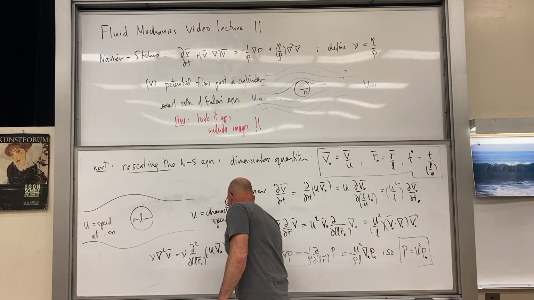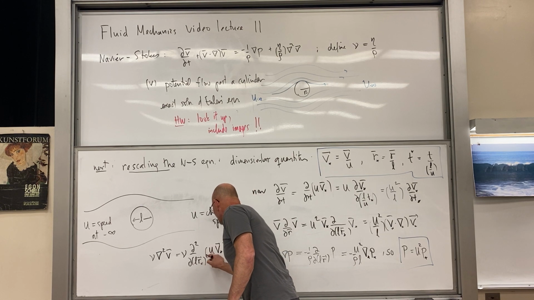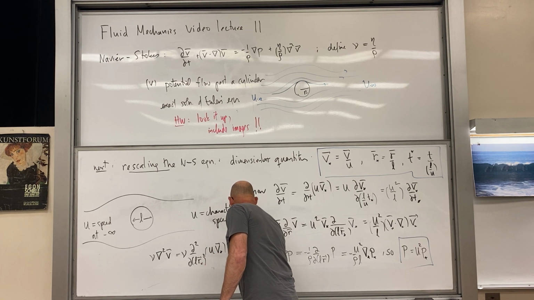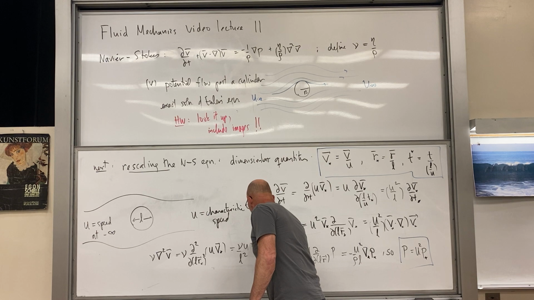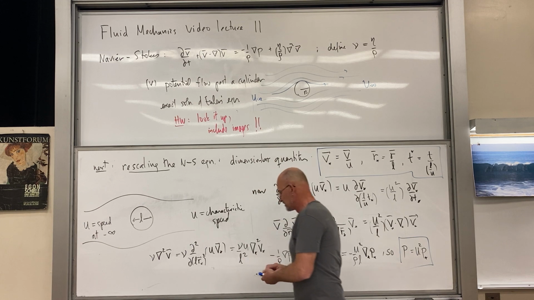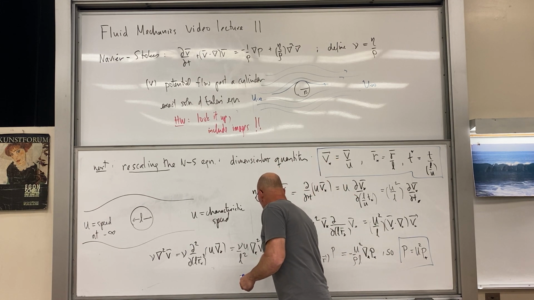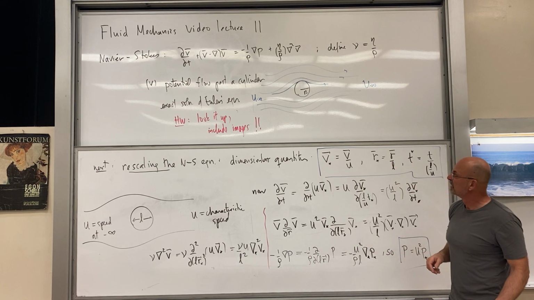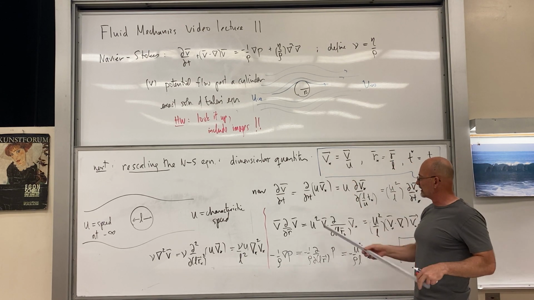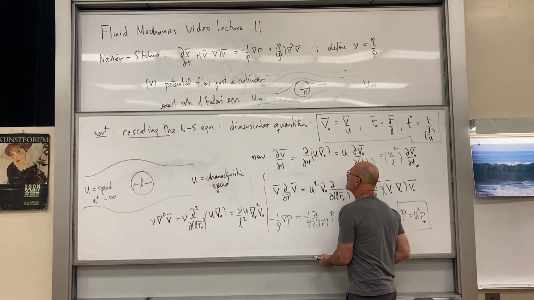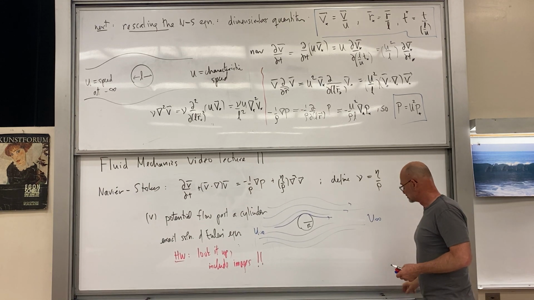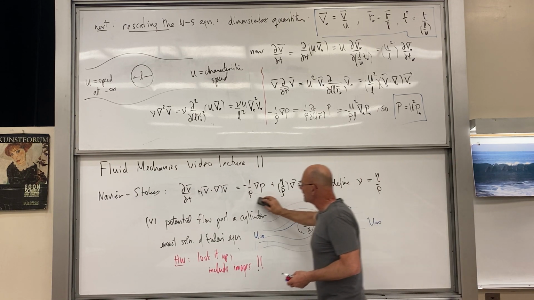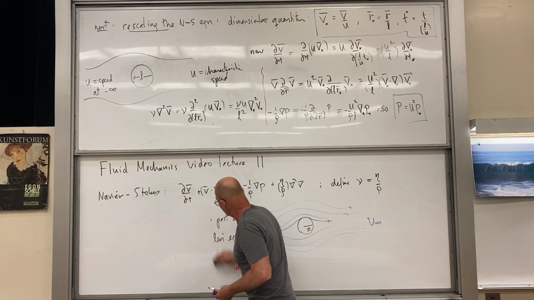So what we have here is nu times U over L squared, and then gradient star squared V star. Okay, so all of the ingredients are in place. We're going to write it all out once with the stars, and then we'll drop them, but first we have to write the whole thing down. Let's leave this up and work right underneath here.